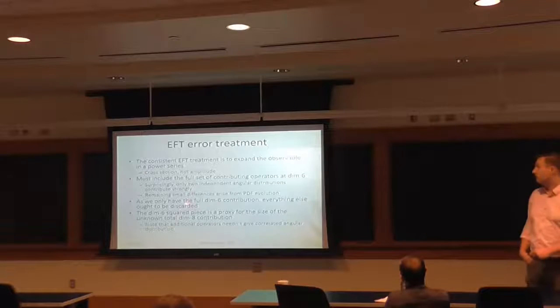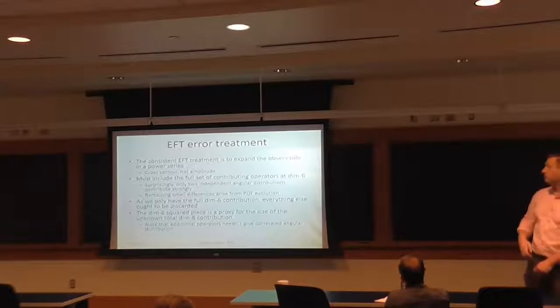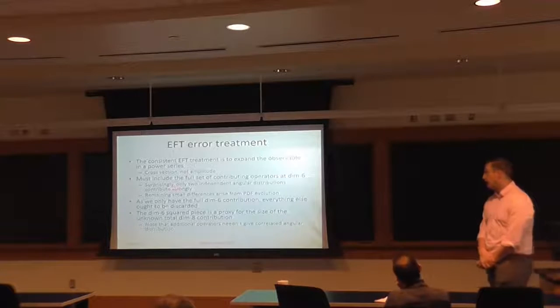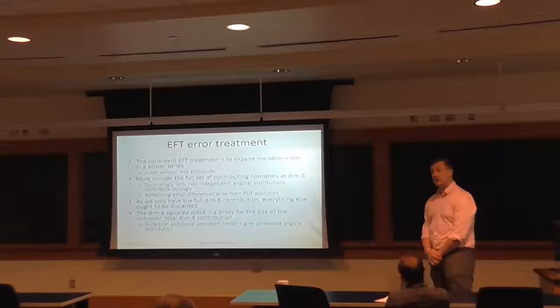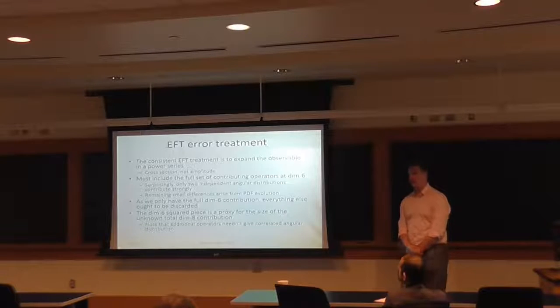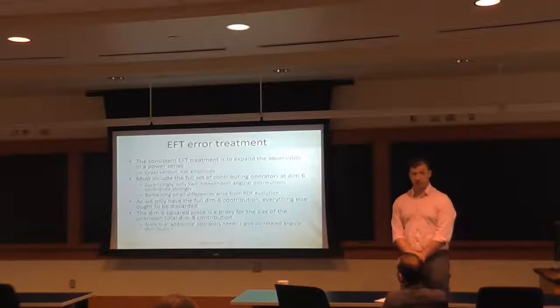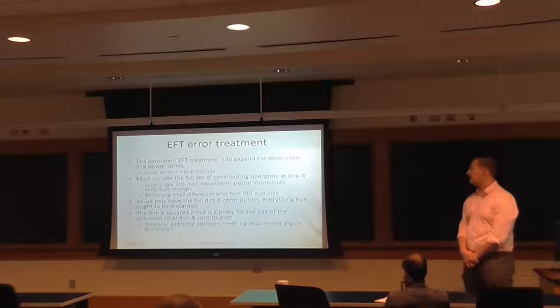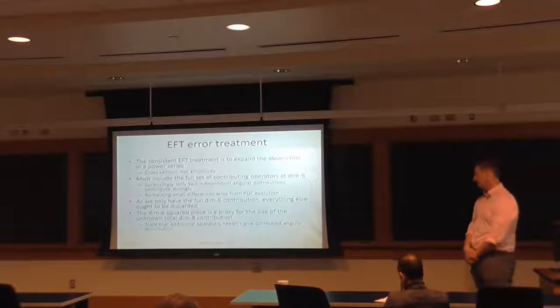Since we have the full dimension 6 contribution, really everything else needs to be discarded. And the dimension 6 squared piece, which will go like 1 over lambda to the 4th, is a reasonable guess for how things that go like 1 over lambda to the 4th should go. So we use that as a proxy for the size of the unknown total dimension 8 contribution.